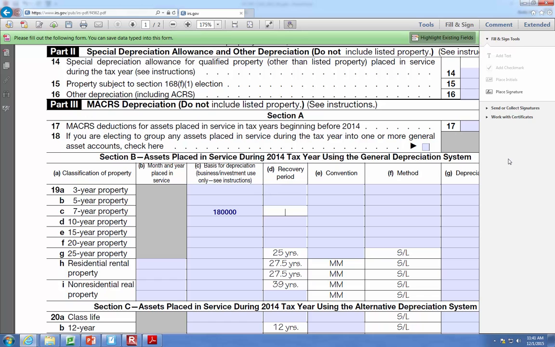What's the recovery period? 7.0 years. What's the convention? HY, half year. What's the method? DDB.